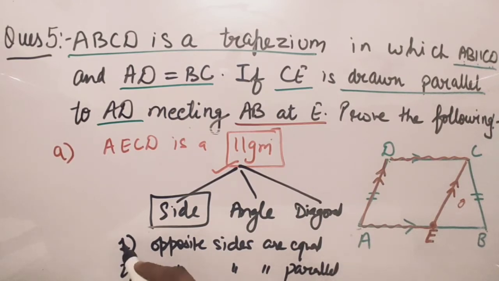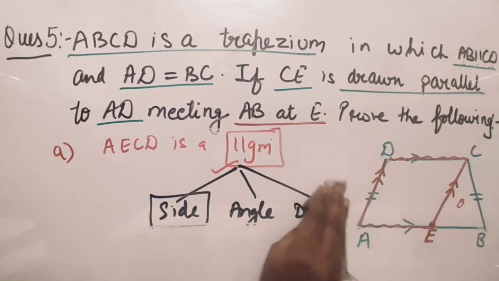Either of them we can use to prove a particular four-sided figure a parallelogram. So now I am going to show which of these I am going to use to prove it a parallelogram.